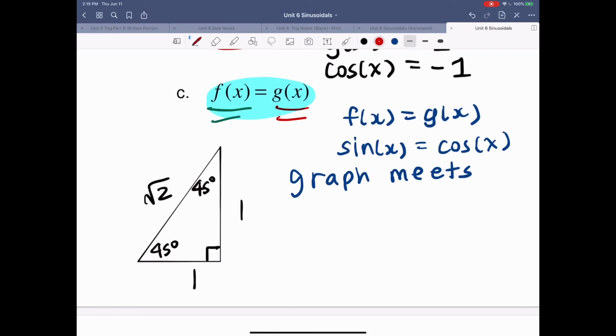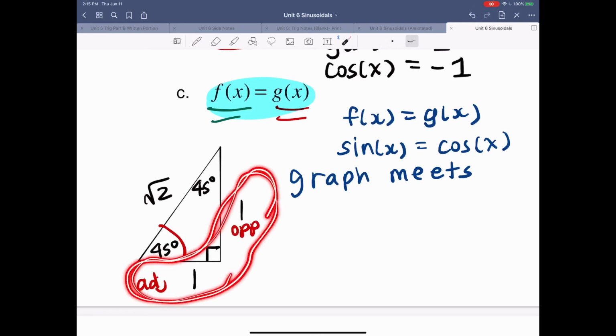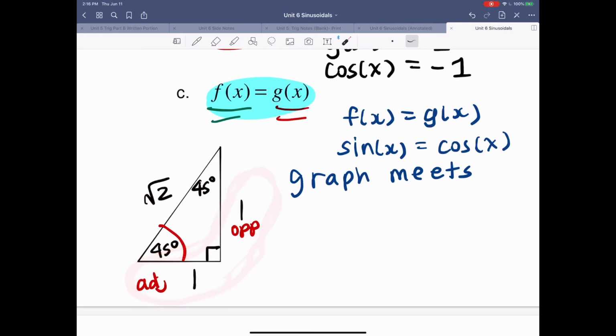If this is our angle of interest, this is our adjacent and this is our opposite. Notice that it doesn't matter which one I choose as adjacent or opposite, because the values are the same, so it doesn't impact your answer. That means your related acute angle is 45 degrees.